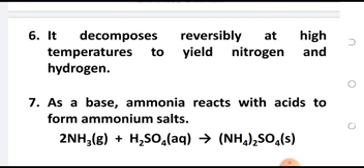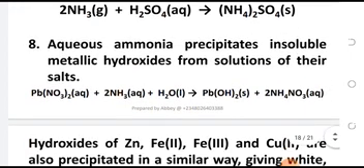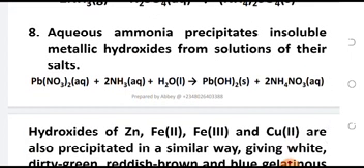Then the next point here says, as a base, ammonia reacts with acid to form ammonium salts. For example, it reacts with tetraoxosulphate 6 acid, as you can see in the equation there, to give us ammonium tetraoxosulphate 6. Number 8, aqueous ammonia precipitates insoluble metallic hydroxides from solutions of their salts.